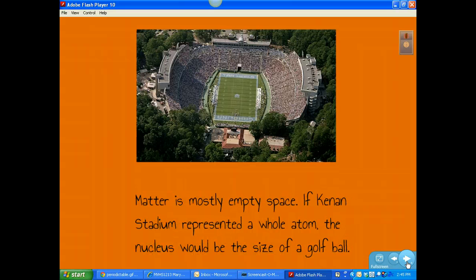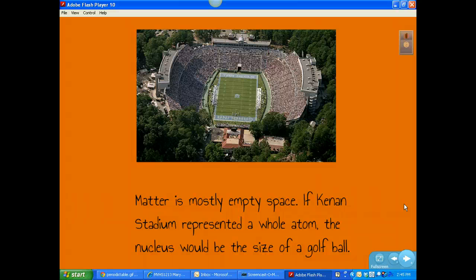And then one more little comparison about size, and I know part of it's blocked, but this says that matter is mostly empty space. This is Kenan Stadium. This is where the North Carolina Tar Heels play, all right? If that whole stadium was an atom, and you could take a golf ball and put it in the middle, that's how big the nucleus is compared to the entire stadium.